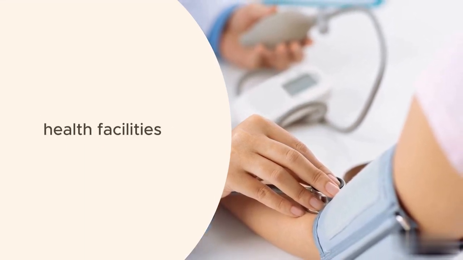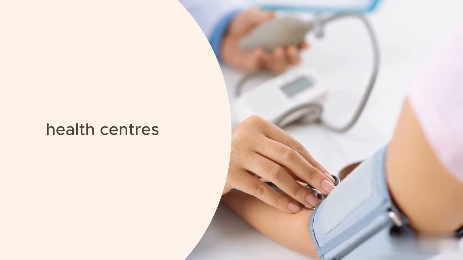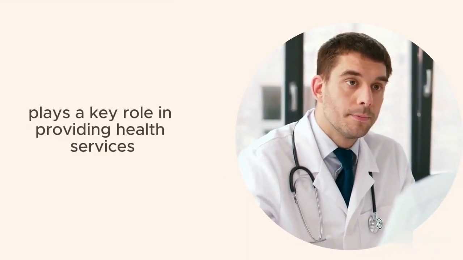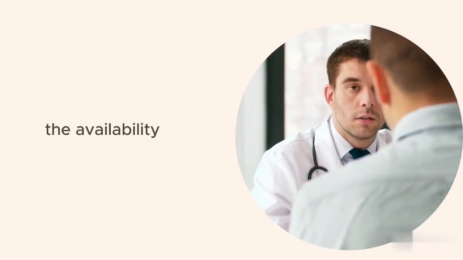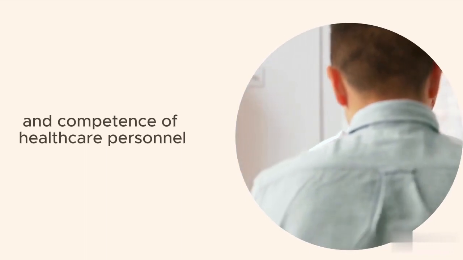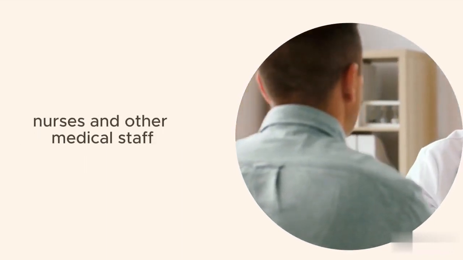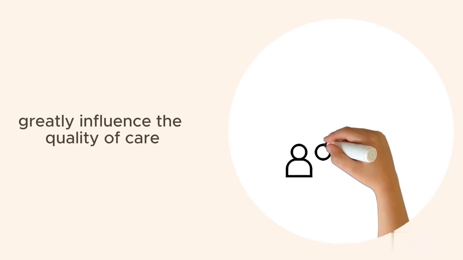Health facilities. The availability of hospitals, health centers, clinics, and other health facilities plays a key role in providing health services. Healthcare personnel. The availability and competence of healthcare personnel, including doctors, nurses, and other medical staff, greatly influence the quality of care.